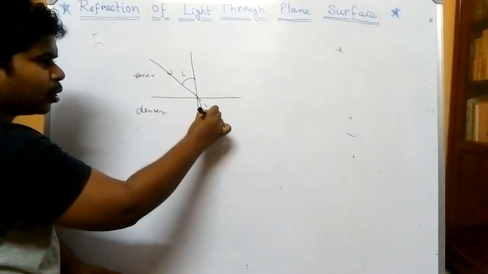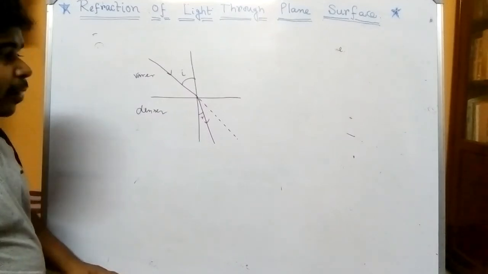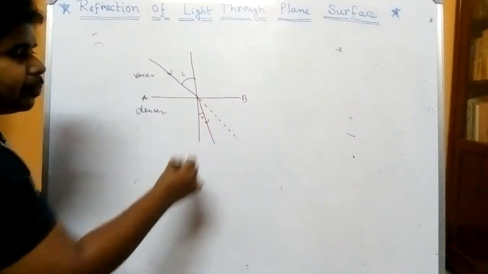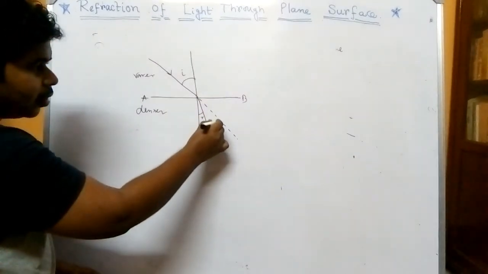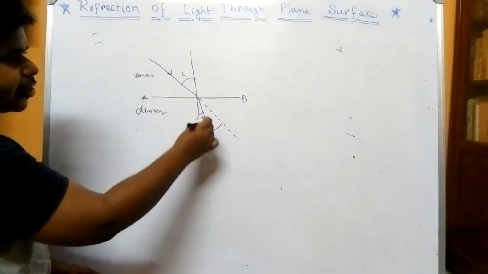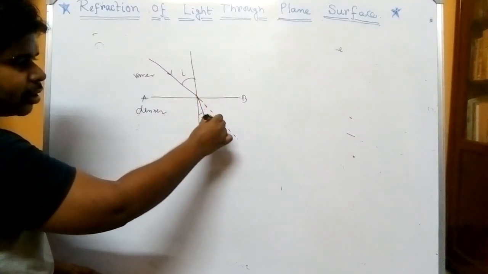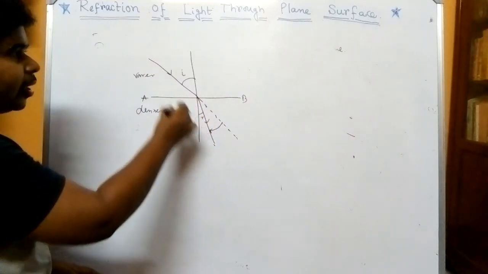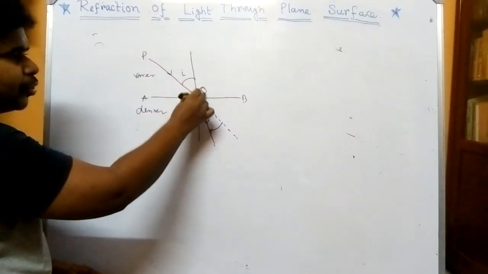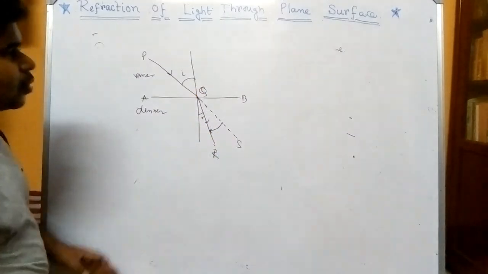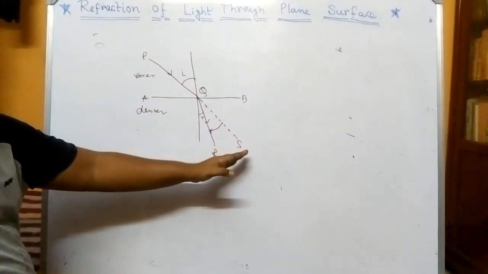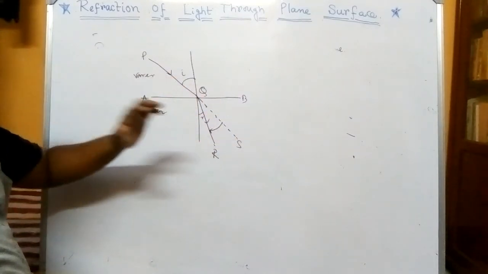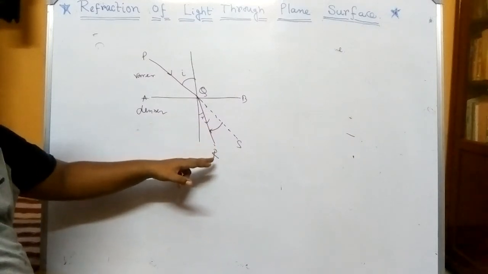The light ray should go along this path, but due to the presence of another medium, the light ray bends. If I name the points P, Q, R and S, the light would generally go along the PQS path if there were no other medium, but due to the other medium, the light ray bends to the QR path.